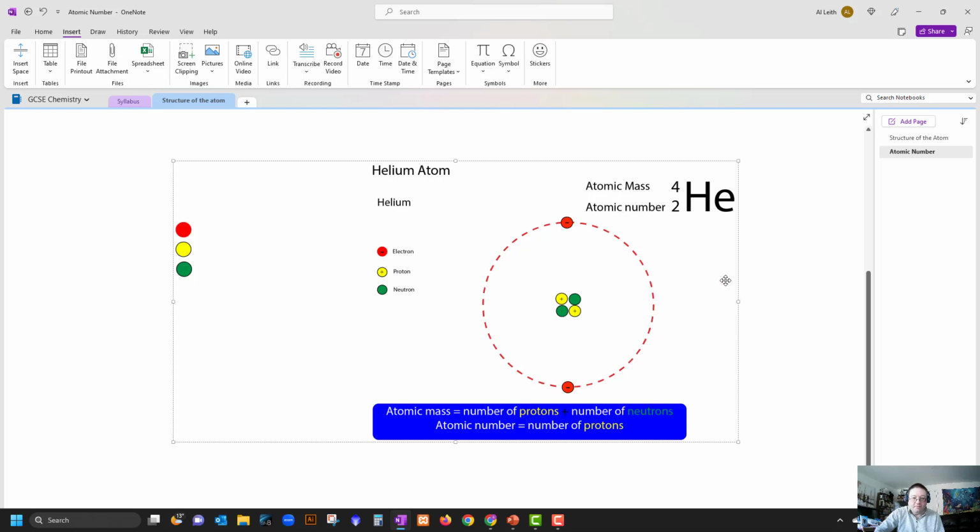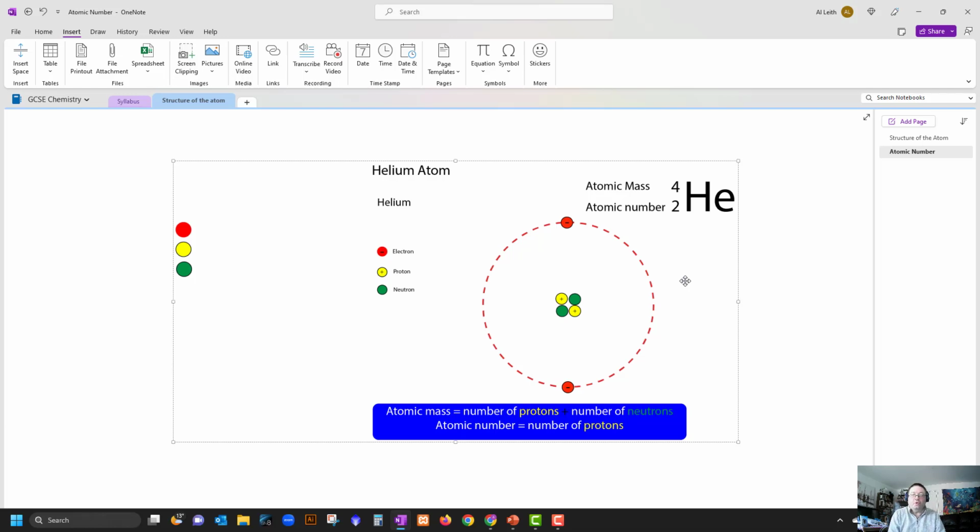And then we've got the atomic number, which is the number of protons. So obviously, if you take the number of protons from the atomic mass, that also gives you the number of neutrons. But by and large, the number of protons will equal the number of electrons in an atom anyway. If you start changing those ratios, then you end up with charged particles, which we'll discuss later.